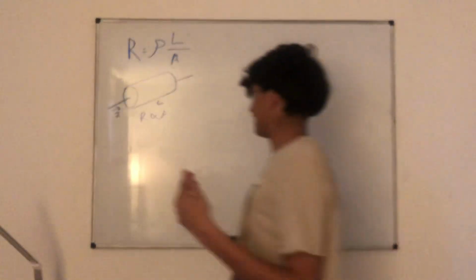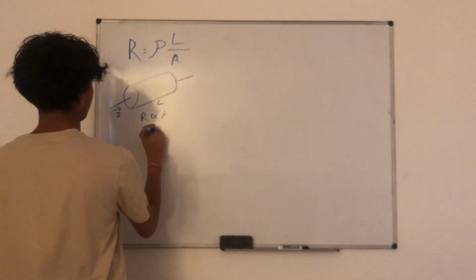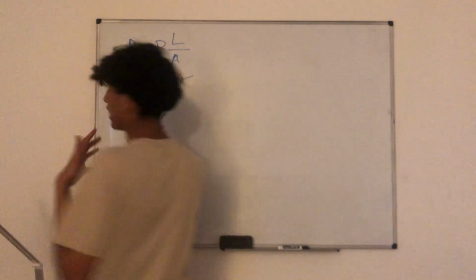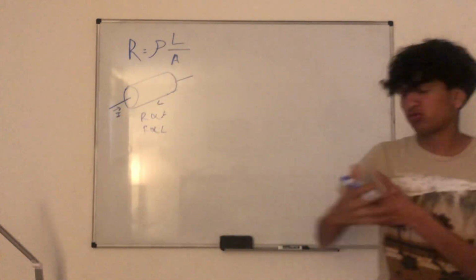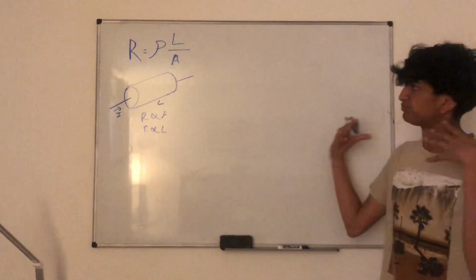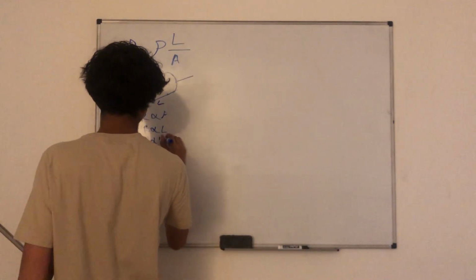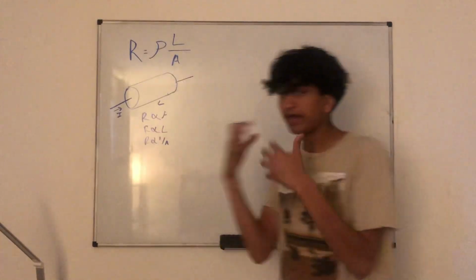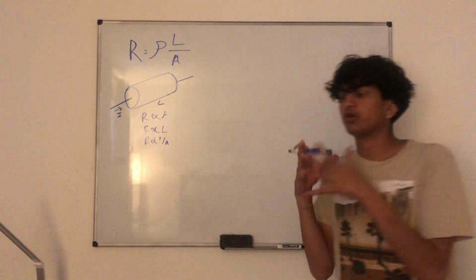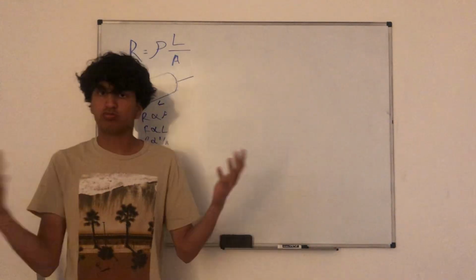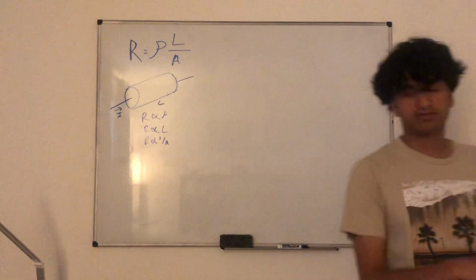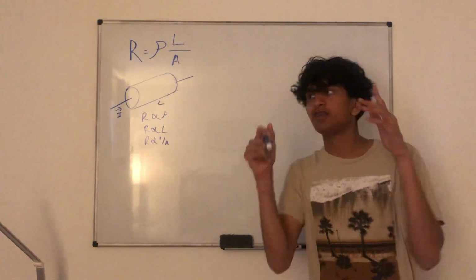It's proportional to length. If I double the length of my copper wire, it's going to have twice the resistance, right? And finally, resistance is proportional to the inverse of area. If I double my area, I'm going to halve my resistance. Now, remember, this is area.